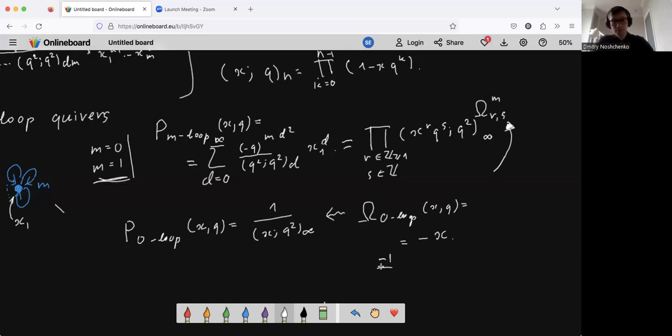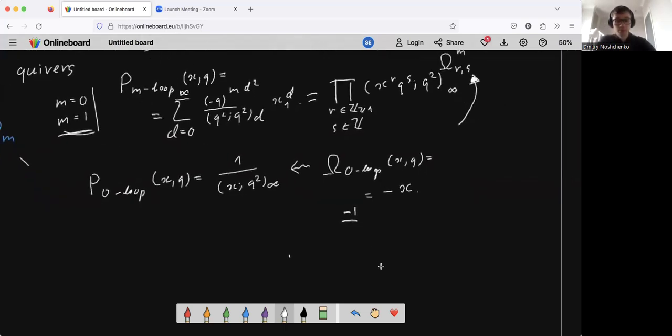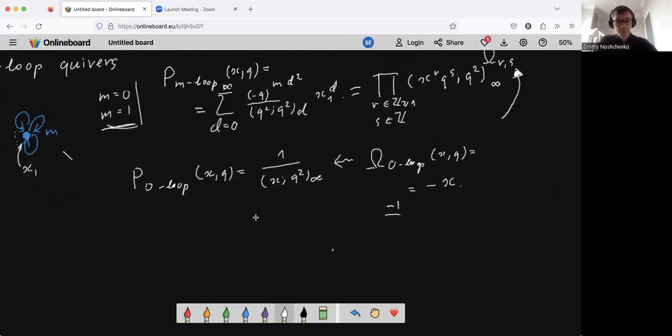And let's try the same for one loop. So it's also quite easy. In the case of one loop, there would also be one non-zero DT invariant, but this time it's this expression.